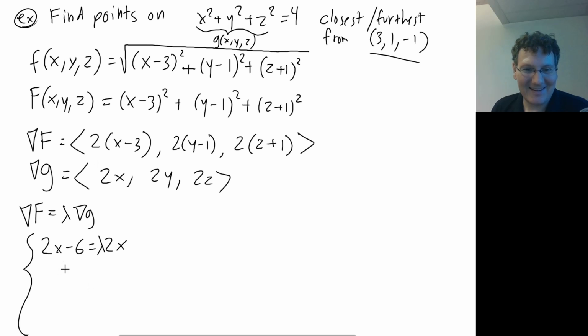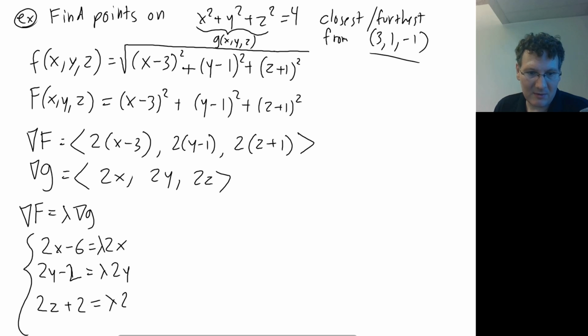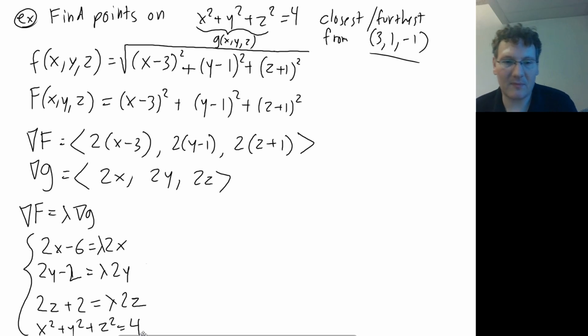We have 2y minus 2 equals lambda times 2y. Oh, no, it's not minus 1, it would be minus 2. And then we have 2z plus 2 equals lambda times 2z. And then finally, of course, we have this last equation, which is x squared plus y squared plus z squared equals 4.